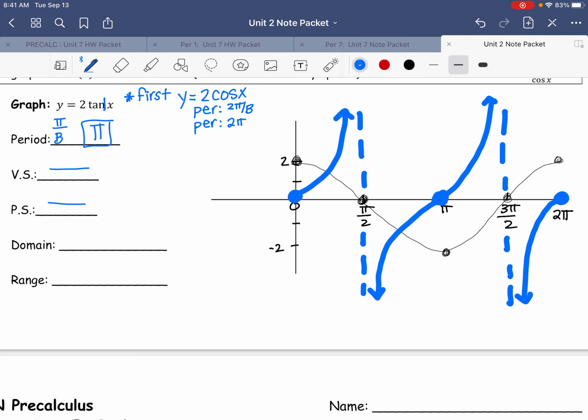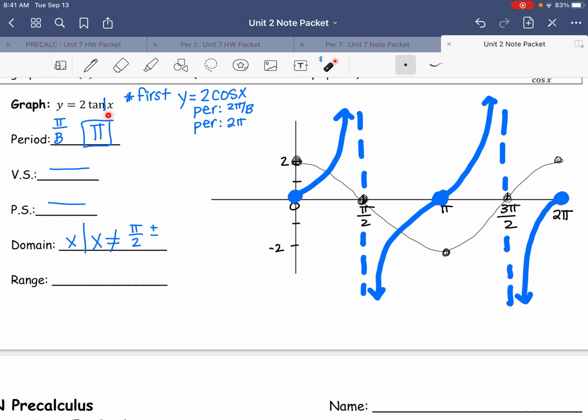Your domain. Remember, our domain, whenever we have asymptotes, needs to look like this. x such that x does not equal, and then we list our first asymptote. So pi over 2, plus or minus. And the question is, how often is this asymptote occurring?